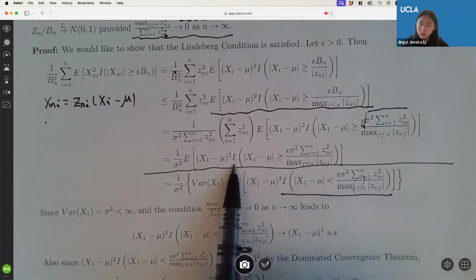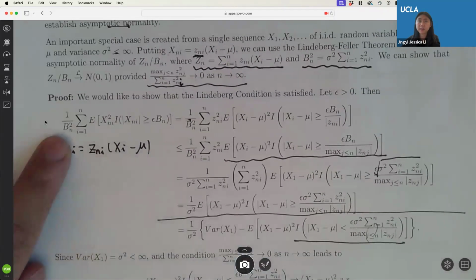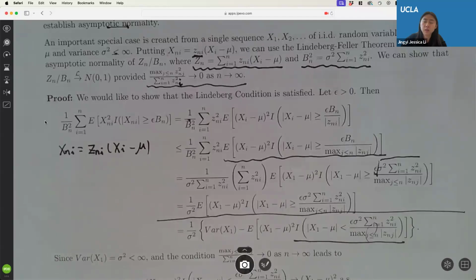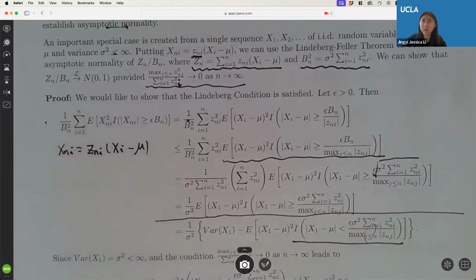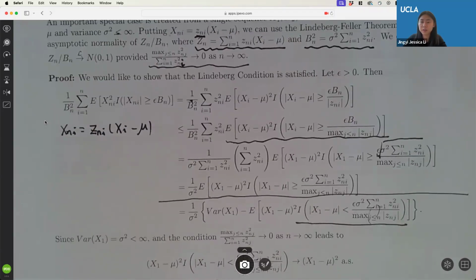So this indicator function will go to 0, and that will make this left-hand side go down to 0. So it's just to check the Lindeberg-Feller condition. But the intuition here is that if no single term dominates, then the condition holds. Does that make sense?